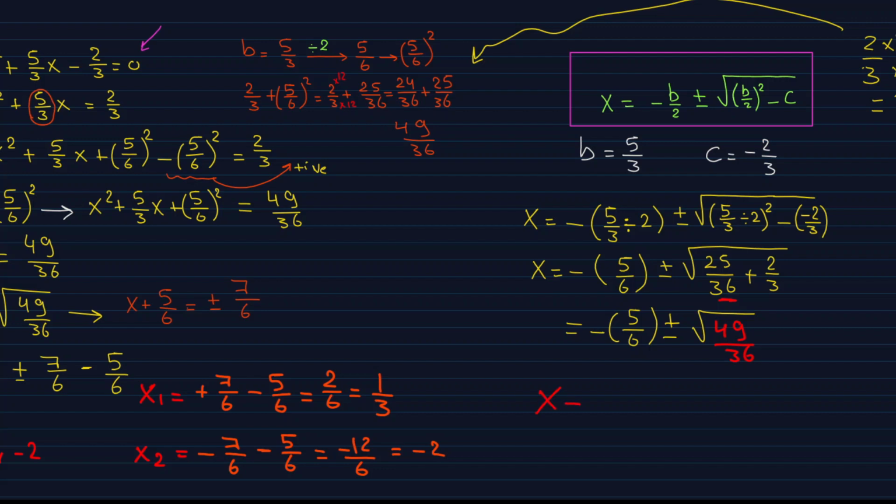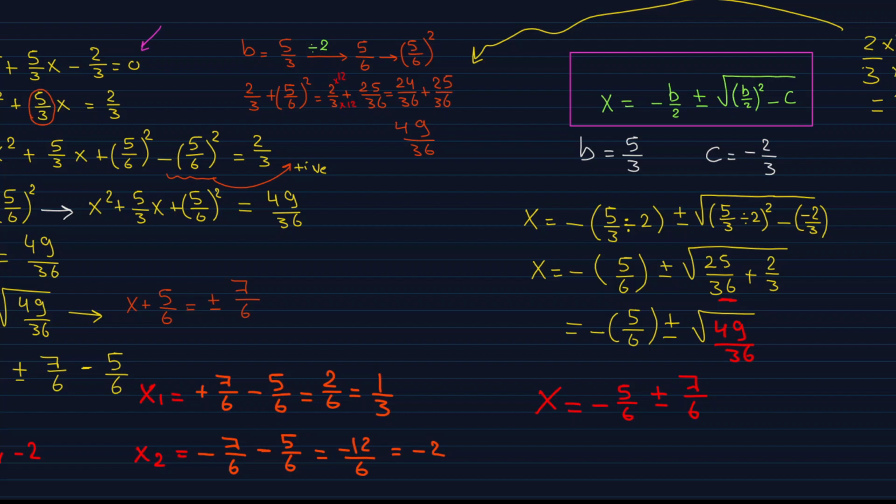So x will be equal to negative 5 over 6 plus or minus the square root of 49 over 36, which is 7 over 6, which, as you can see, is the same as what we were doing over here.